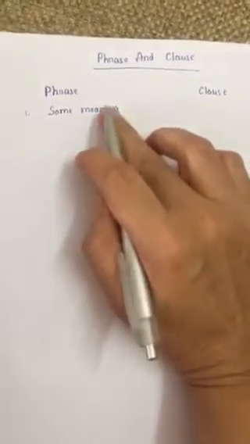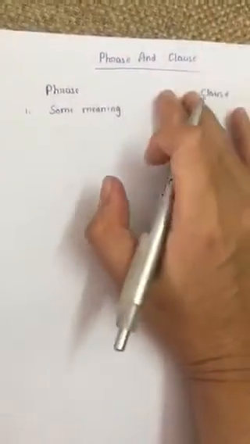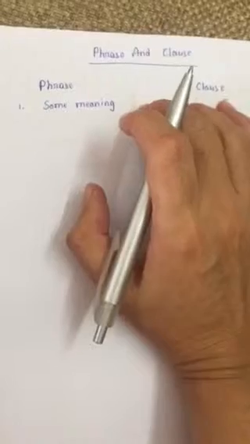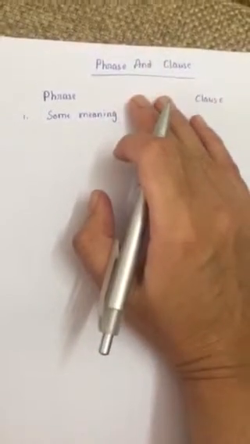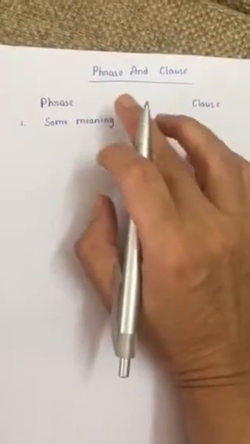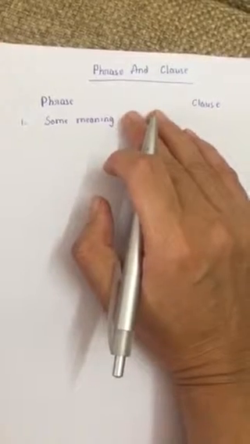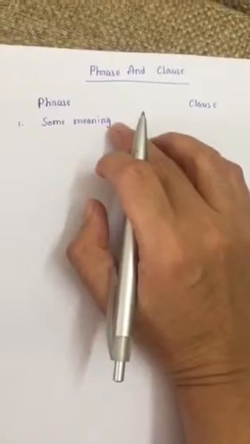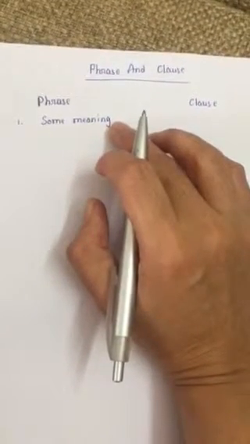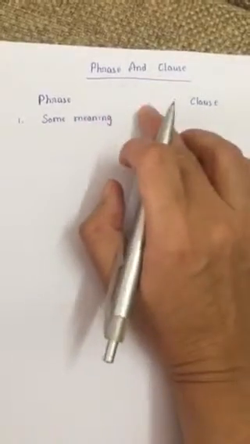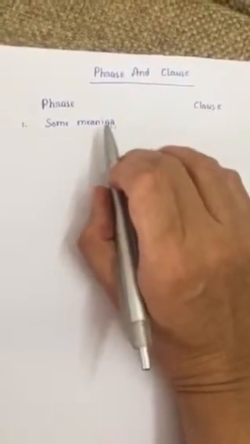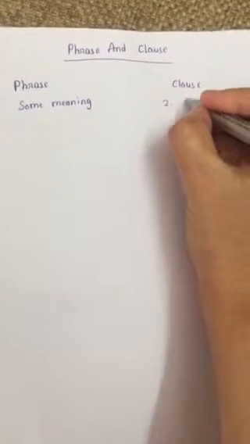It gives you meaning, but it does not give you complete meaning. You cannot understand the sense of a phrase if it's given to you solely. If I give you a phrase and I don't give you other words or other clauses, you cannot make meaning out of that phrase. But in a clause, you can sometimes get some meaning.